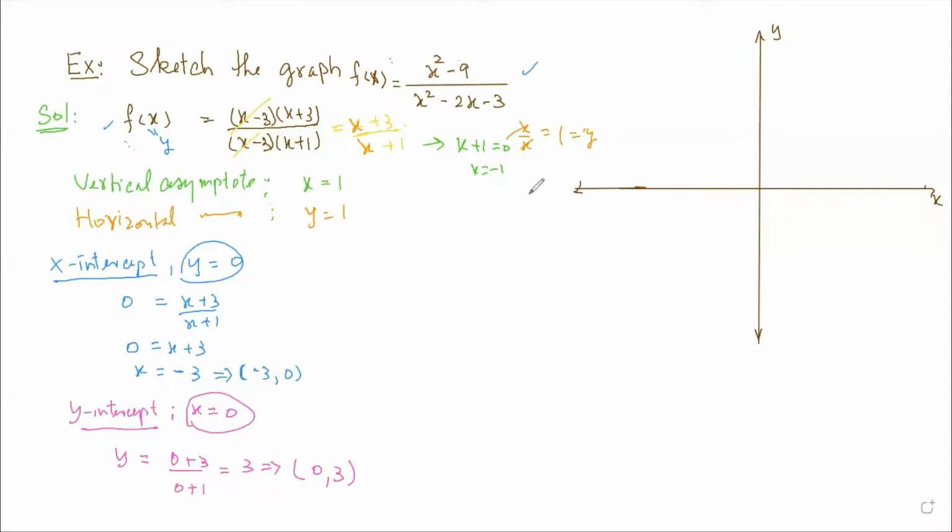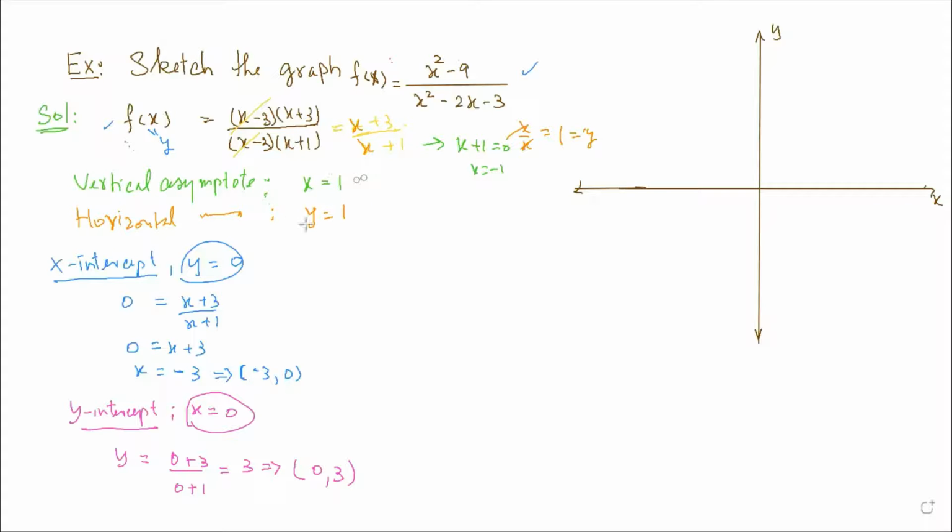Okay, now we start to plot the graph. We start to plot the graph here. We plot the vertical asymptote x equals 1 here.